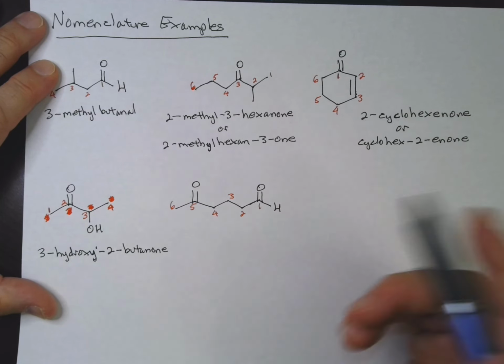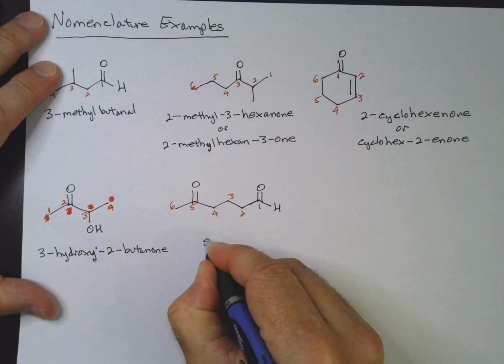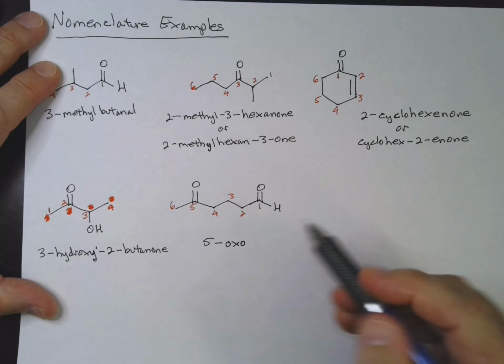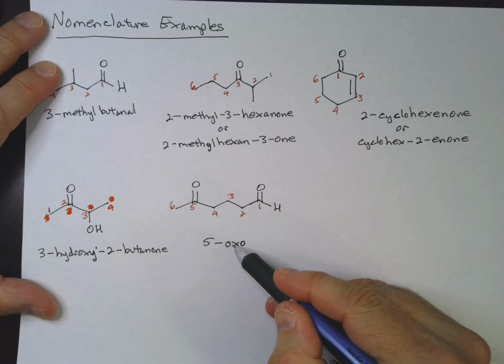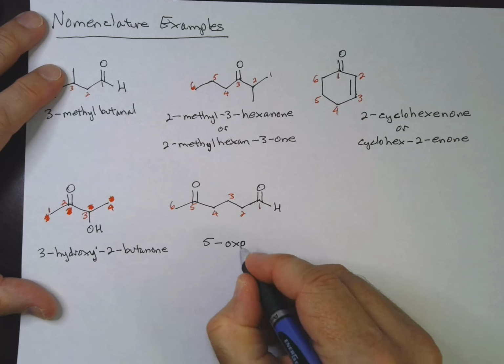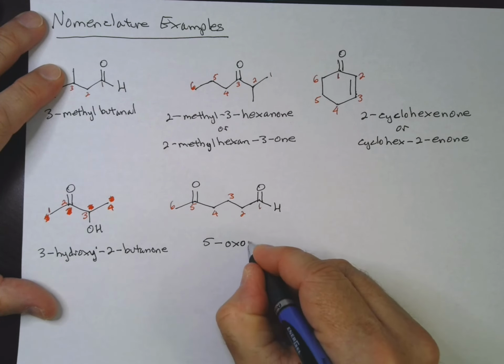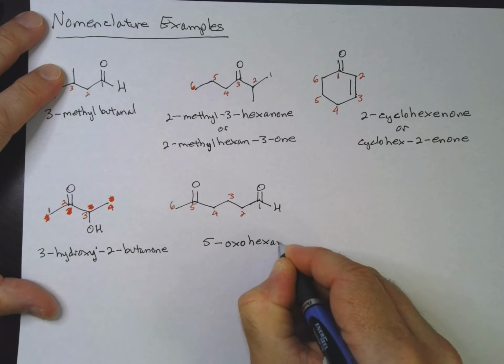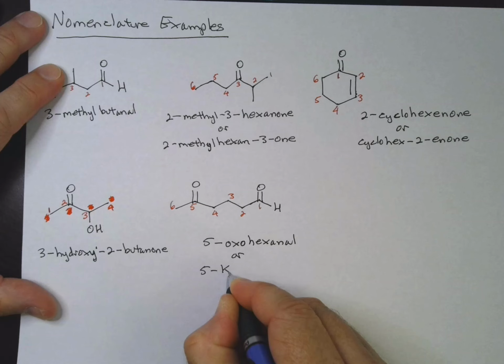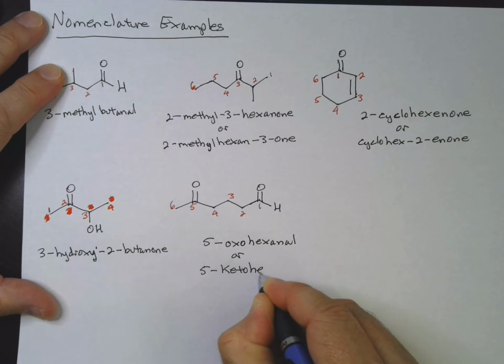That's hex something. At carbon 5, I have my ketone, which is called an oxo group. So 5-oxohexanal, or 5-keto hexanal.